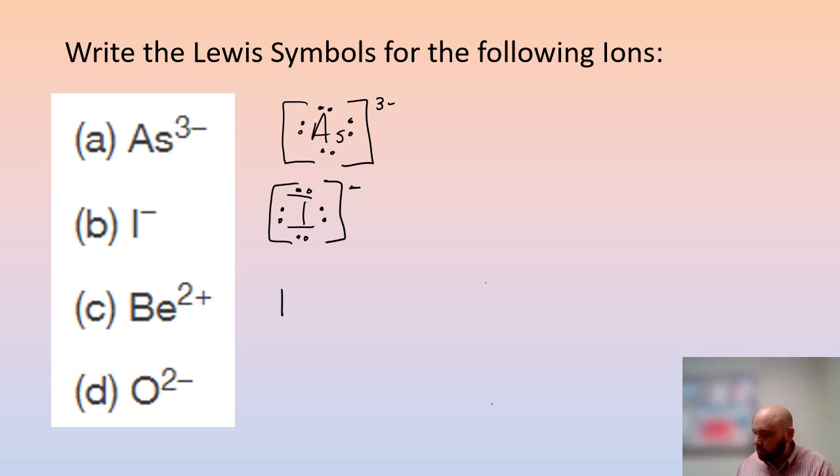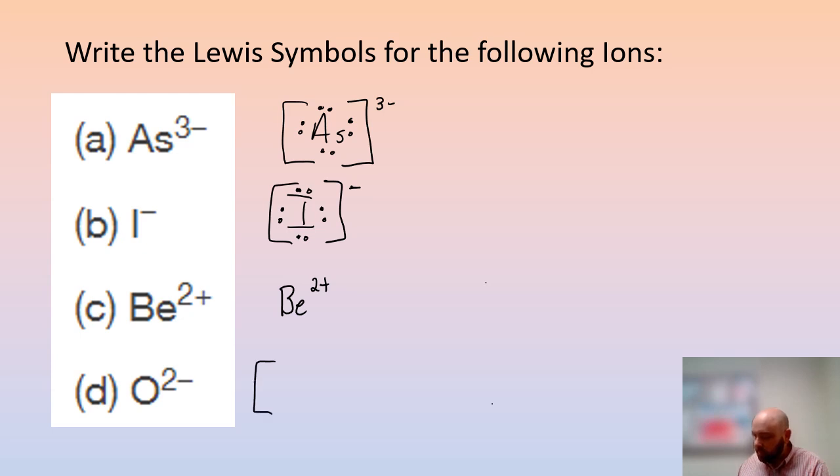The Lewis symbol for the cation is just Be with the 2+ charge indicated. We don't put it in brackets, and we don't show any electrons because we want to imply that those electrons have been lost in order to form the ion. And then finally, we have the oxygen 2- ion.